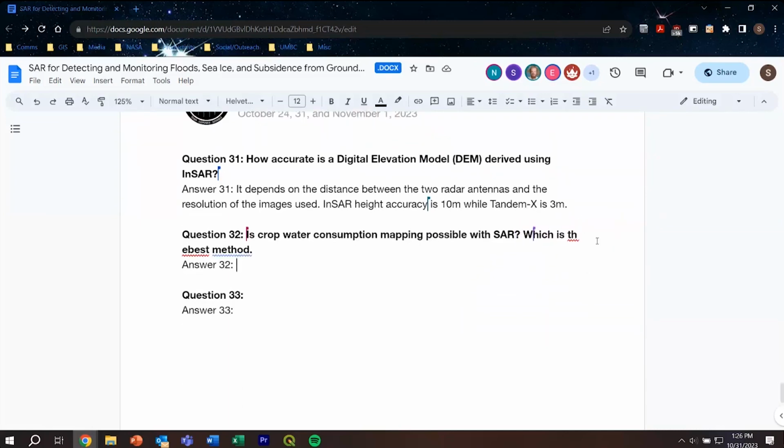InSAR is really only sensitive to the ground surface. The use of water by the crops would be more from the soil moisture measurements that are not using InSAR, but the SAR amplitude images.